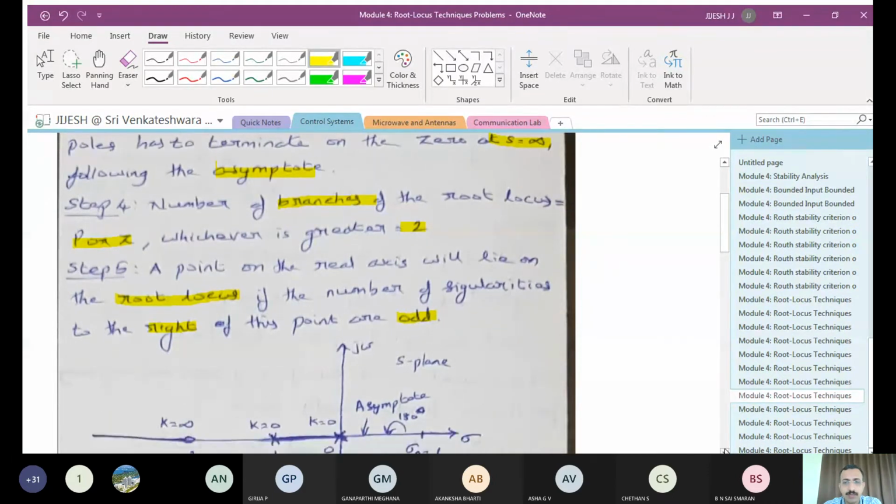So you can see in this figure, I have plotted the poles at 0 and -1, and I have a zero at -2. These things I have plotted, K is infinity, K is equal to 0. Now I have to find out the centroid, to find out where the asymptotes have to be placed. So my first thing now is to find out the centroid.